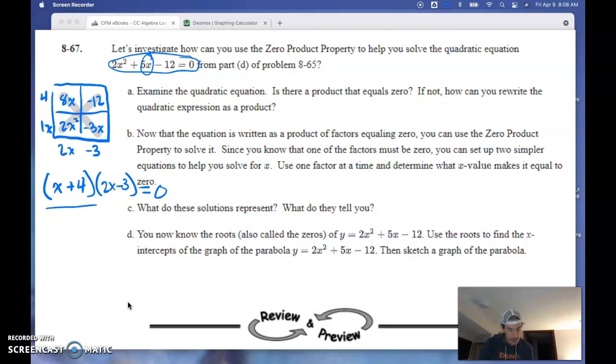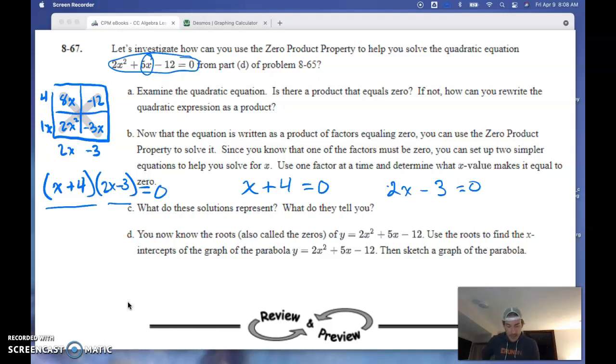We're going to treat each one of these things like a number. So I'm going to say either it's the case that x plus 4 equals 0, or it's the case that 2x minus 3 equals 0. Okay, and look at what we've done. We've taken a quadratic and we've written it as a product of linear factors, because each one of these things is solvable.